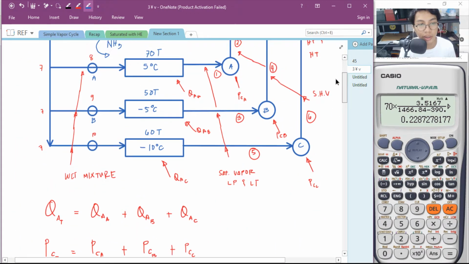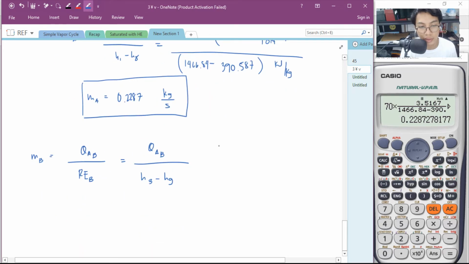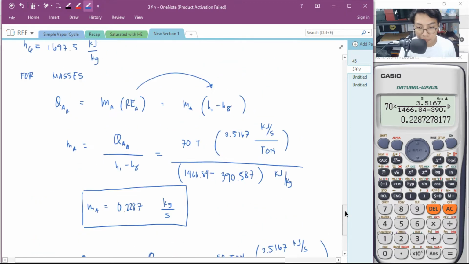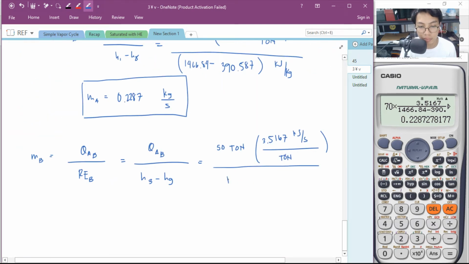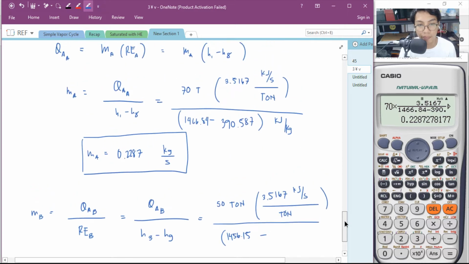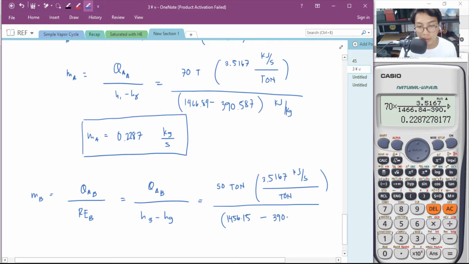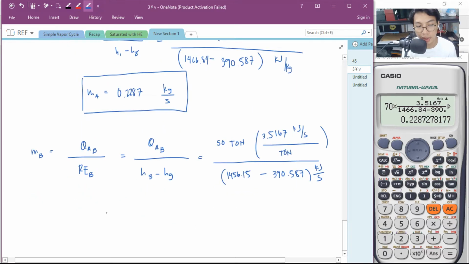QAB, ilan tons yan? That is 50 tons. 50 tons, tapos 3.5167 kilojoule in every second per ton. So H3 is 1456.15 minus 390.587 kilojoule in every second. Ang magiging sagot dyan is kilogram per second.